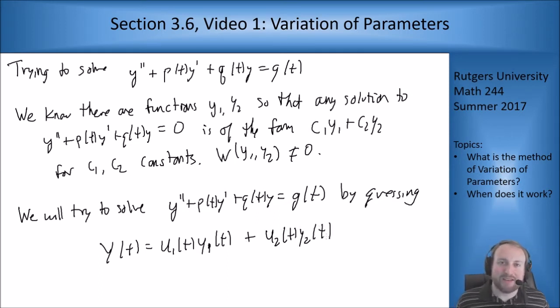And the hope with doing this is that by including the fundamental set of solutions in my guess, something's going to cancel out, something's going to make it look a lot better because of having y1 and y2 in there.